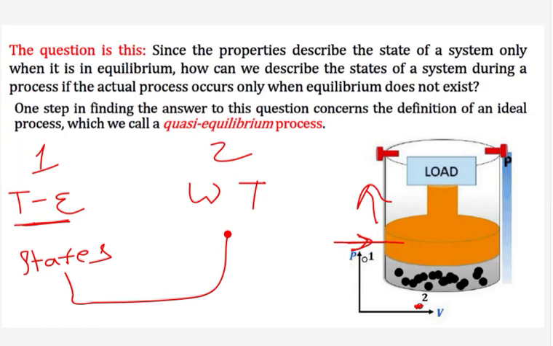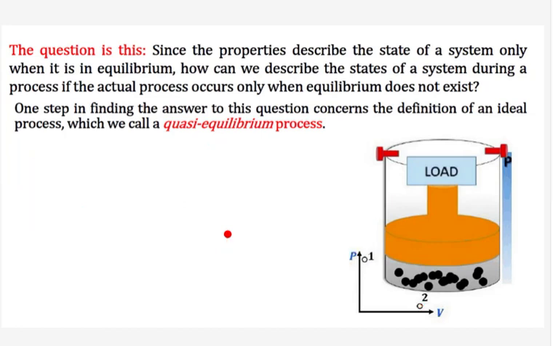That is fulfilled by the quasi-equilibrium process. It is almost in equilibrium and it is displaced by a very small amount, such that I will get equilibrium points in between.